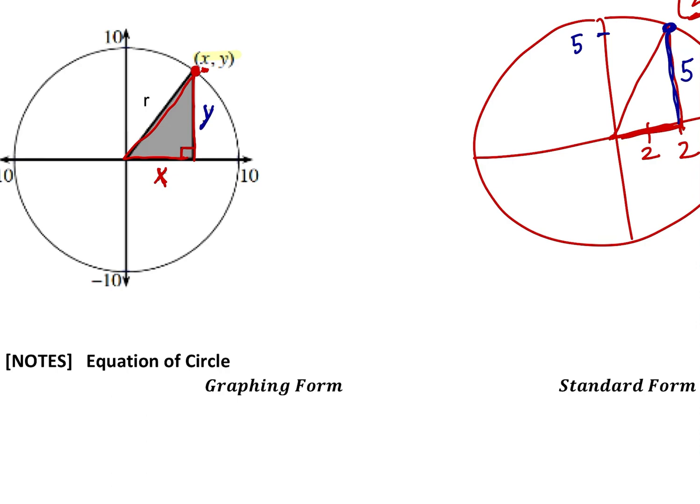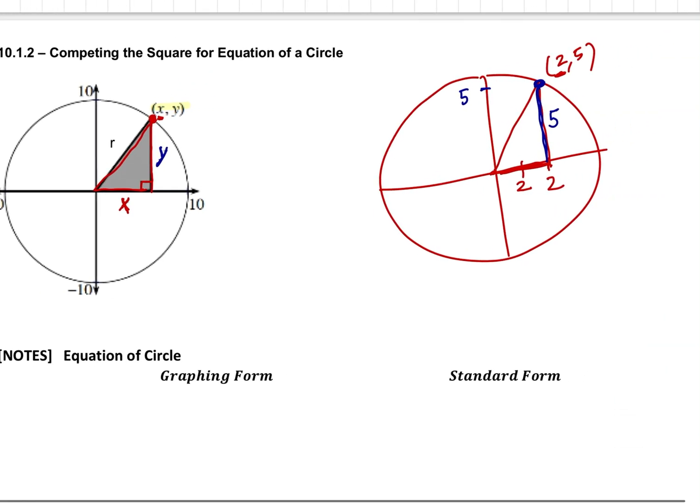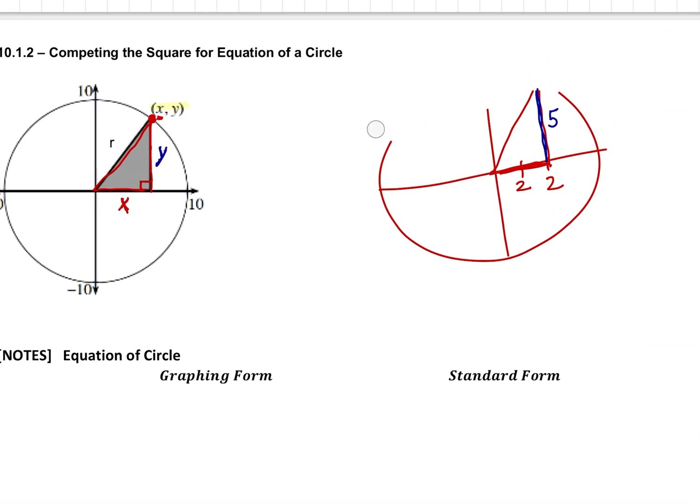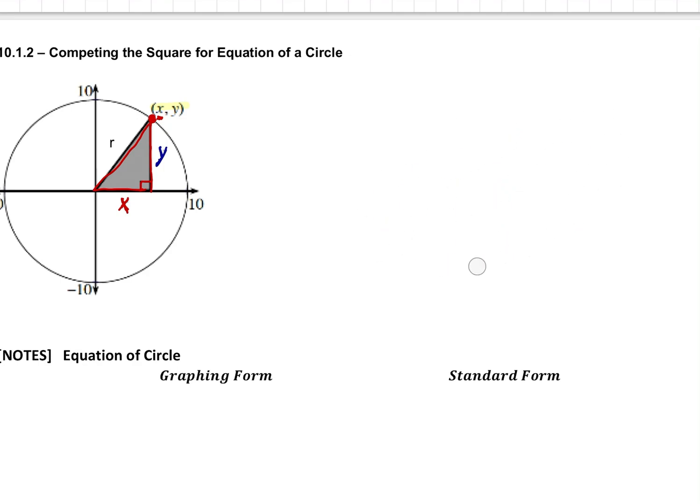And then we're going to use another property to come up with the equation of the circle. Basically, because we have a right triangle, we can use the Pythagorean theorem. You just have to understand that the point on the circle corresponds to the base, which is x, and the height of the triangle is the y value of that point.